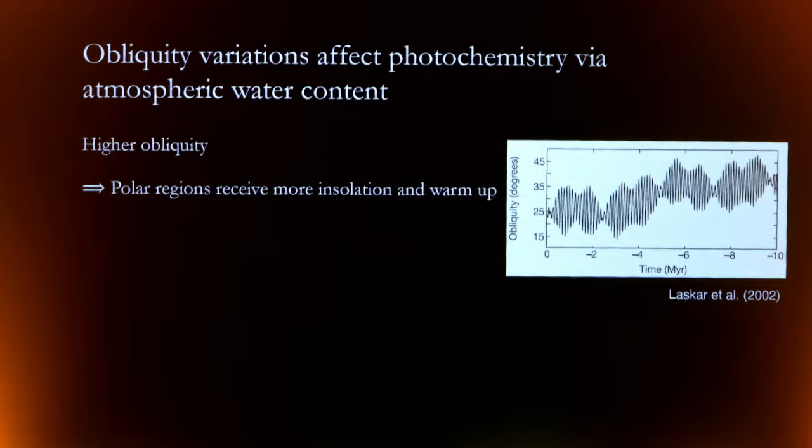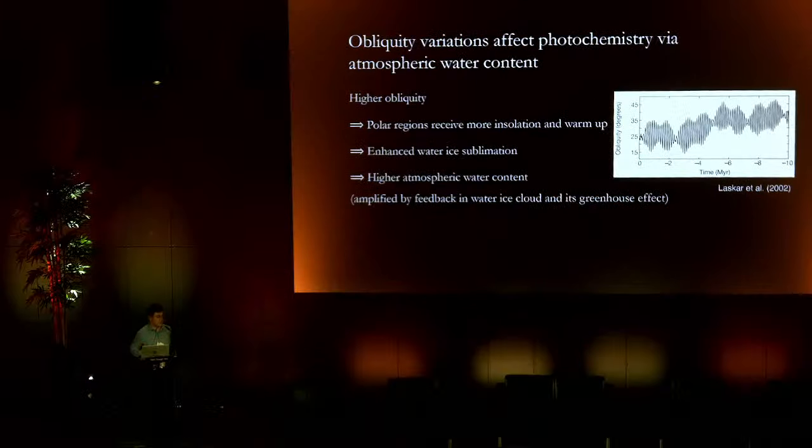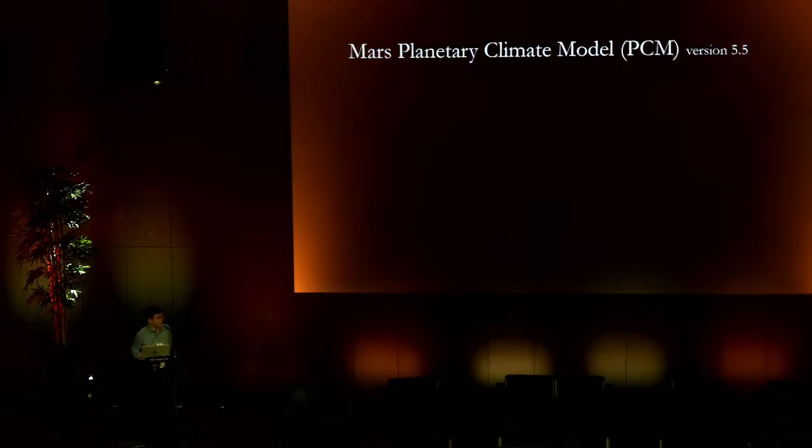At higher obliquity, the polar regions receive more solar insolation and warm up, which injects more water vapor into the atmosphere. During this process, as Joseph Nahr talked about, we updated the microphysics of water clouds in the model so that the water cloud particles can grow to larger size, which causes a greenhouse effect. This can further amplify the warming of polar regions at high obliquities. And then we get faster water vapor photolysis, and we get more HOx in the atmosphere.